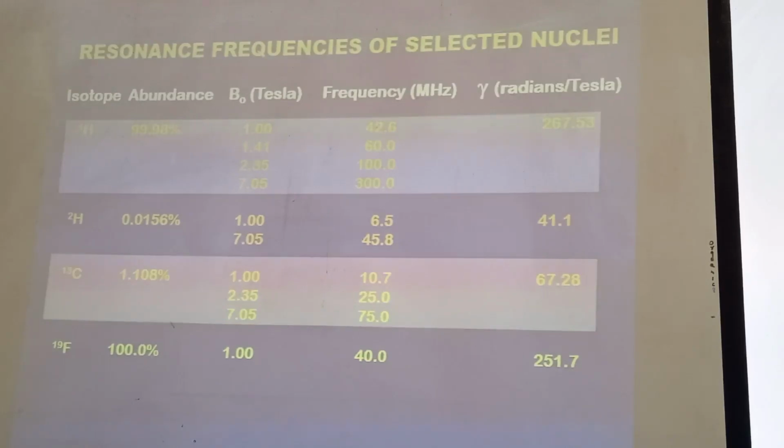Which means that because of the higher natural abundance of proton, it is easier to be found. If it is easier to be found, its signal strength would be strong, higher.